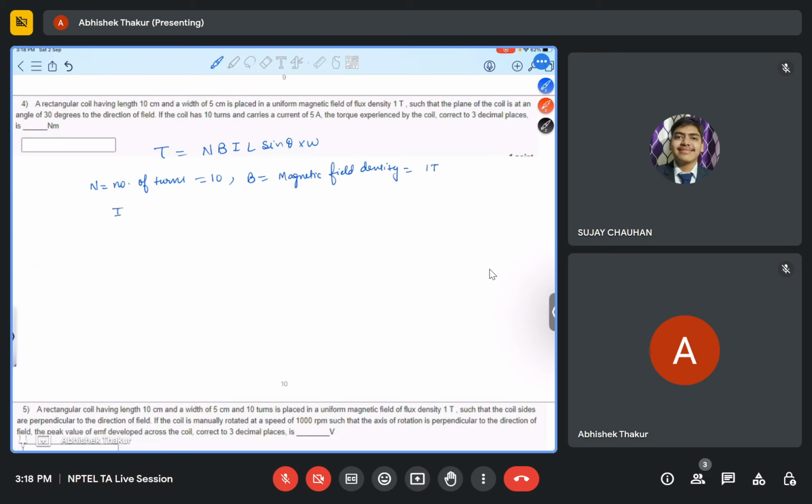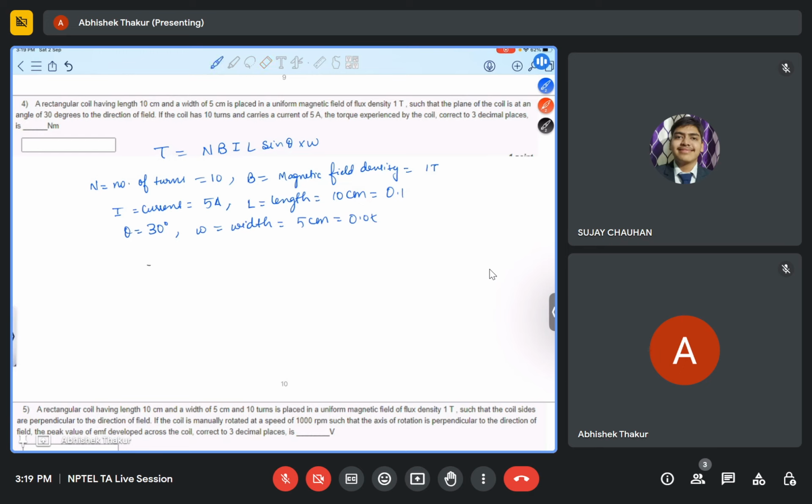I is the current, that is given as 5 ampere. L is the length, that is given equal to 10 centimeter. If you convert into meter, it will become 0.1. Theta is equal to 30 degrees. And W is the width of the coil, that is equal to 5 centimeter, that is 0.05.